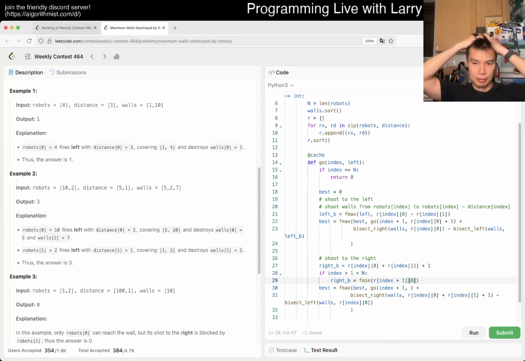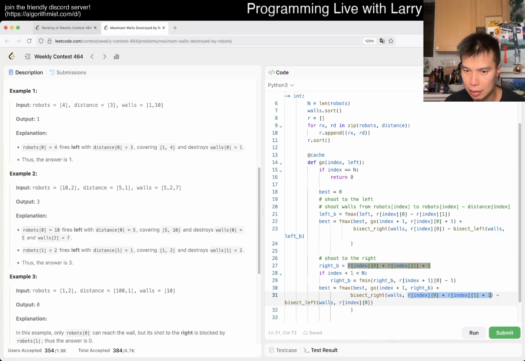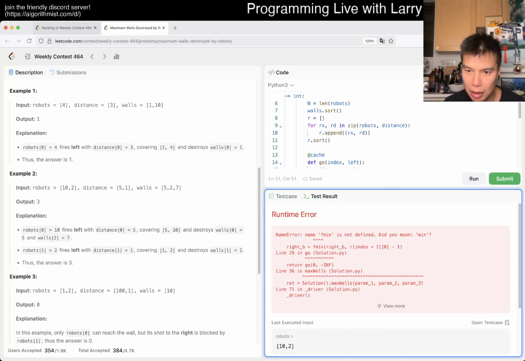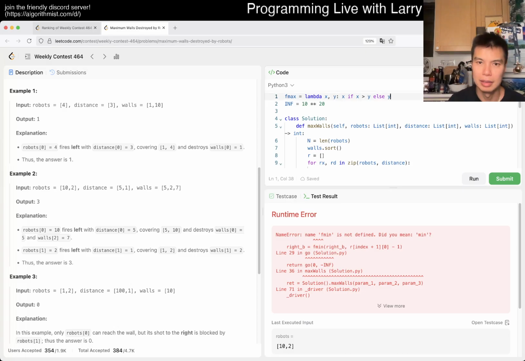Right? Not inclusive, so we have to be careful. That's what I'm trying to think. Okay, I think that's right. Then now this is just, yeah. Maybe, hopefully. Oh, I forgot to do the f min.